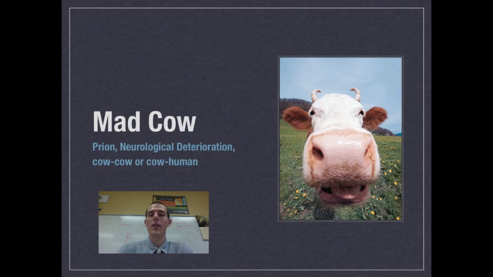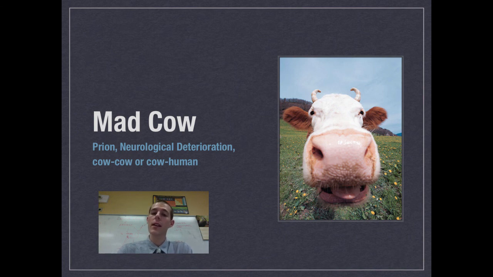I'm pretty sure that mad cow is our last one. No, actually there's one other beyond it. Mad cow is caused by a pathogen called a prion. Prions are pretty poorly understood. Scientists do know that they are a type of protein that mutates within the body, so they go from being like a beneficial protein to a harmful pathogen. Mad cow disease leads to neurological deterioration, which leads to the name mad cow.